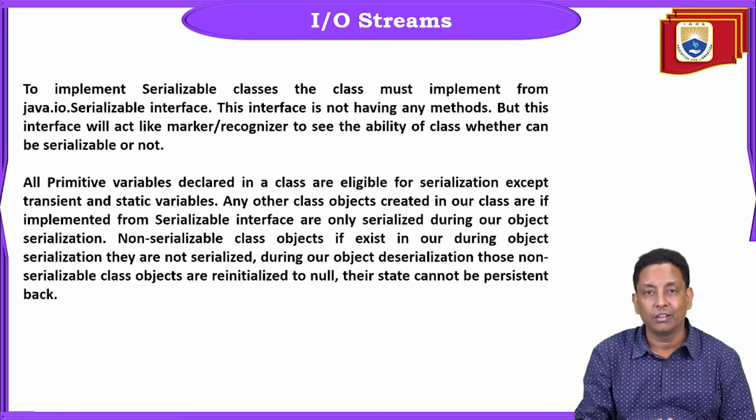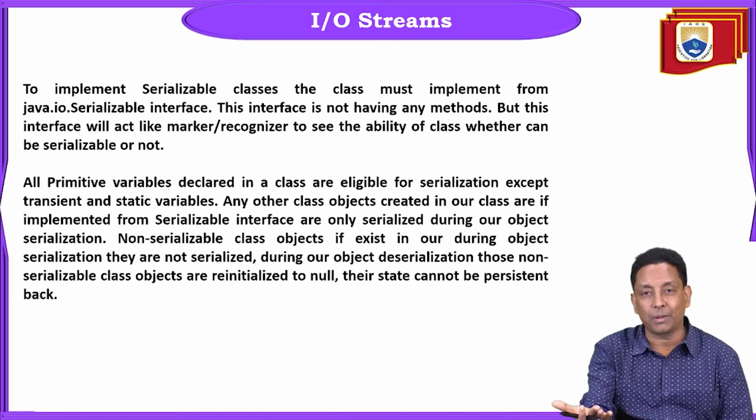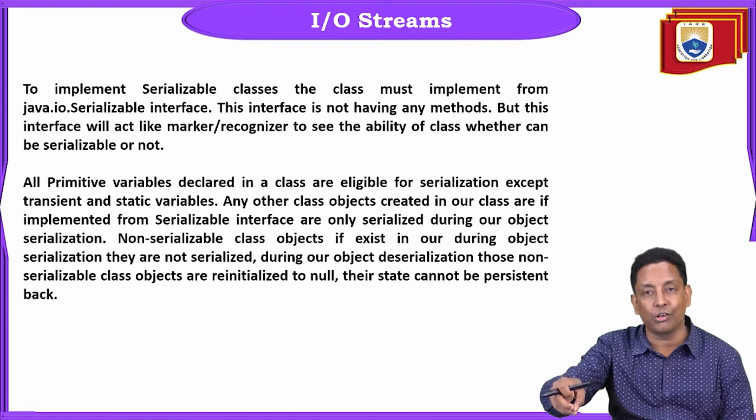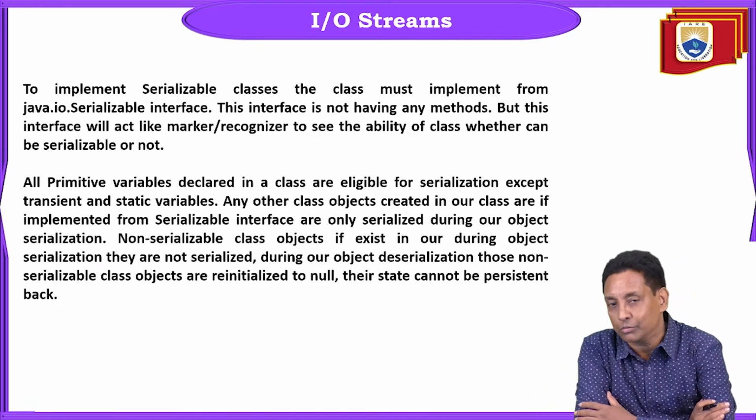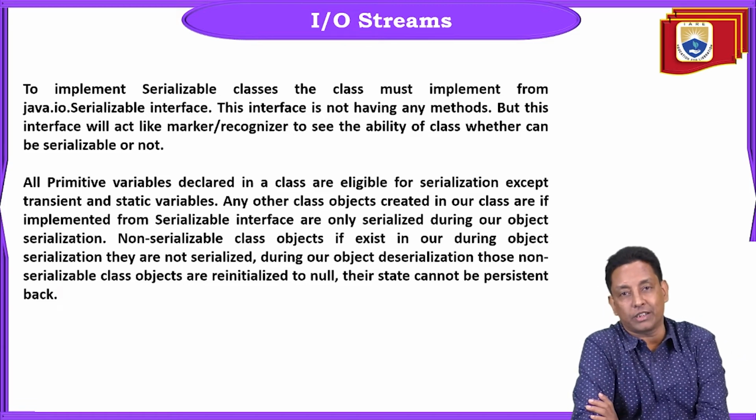Do you get that letter? You should show that letter to the security. Without the permission letter, the security will not allow you to go out of the college during college time. Similarly, that permission letter kind of thing is the Serializable interface.